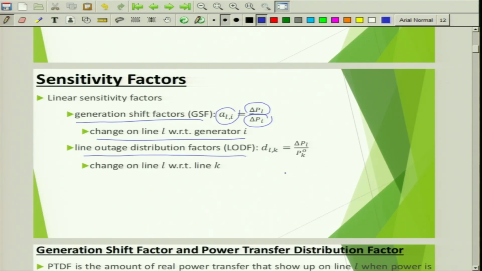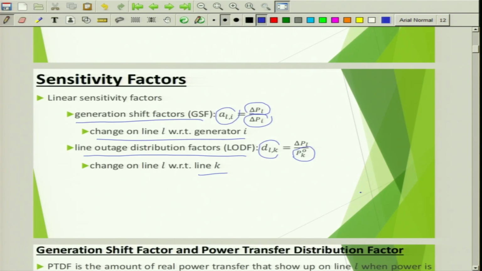The second is what we consider to be DLK, which is the line outage distribution factor. Earlier, let us say there is a power flow in line K which is represented as Pk naught, before this line is taken out, right?